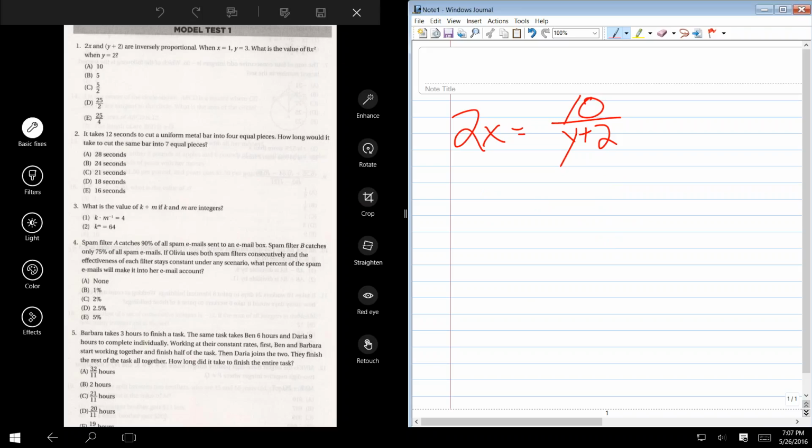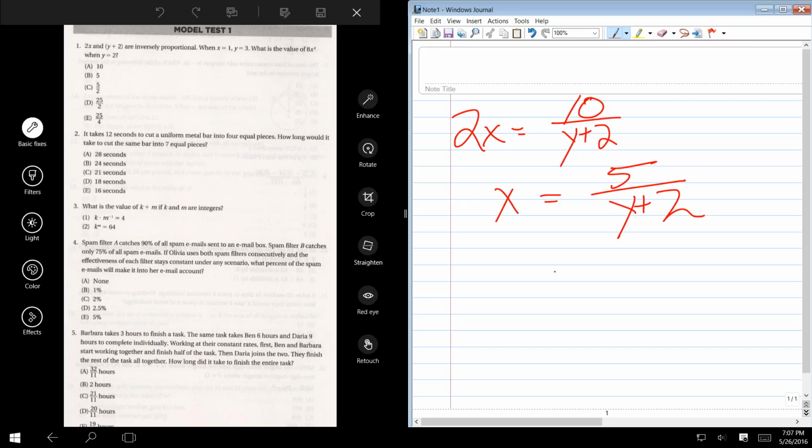Okay, great. And now the rest of it's relatively easy. What's the value of 8x squared? Well, let's first of all solve for x. So I get x equals 5 over y plus 2. And now it says when y is 2, what is 8x squared?